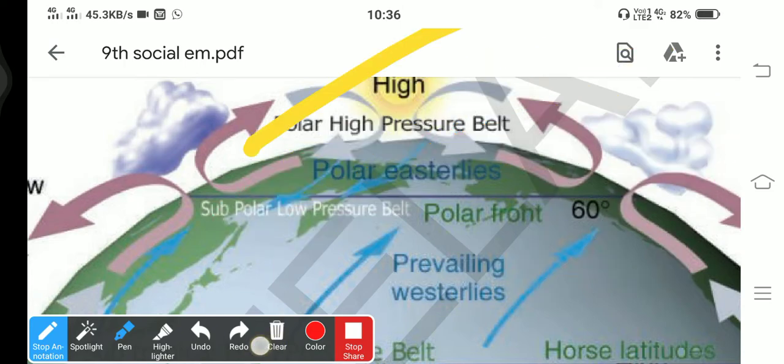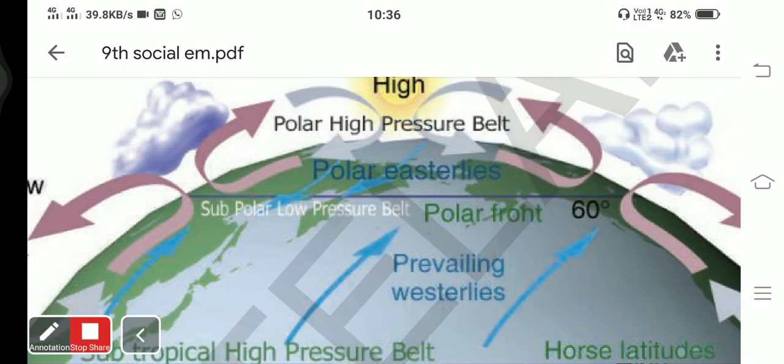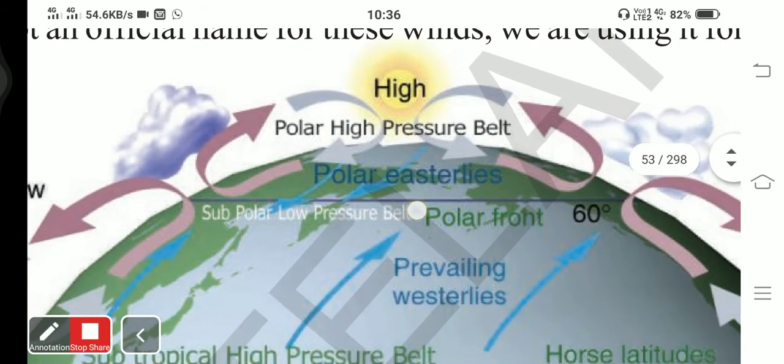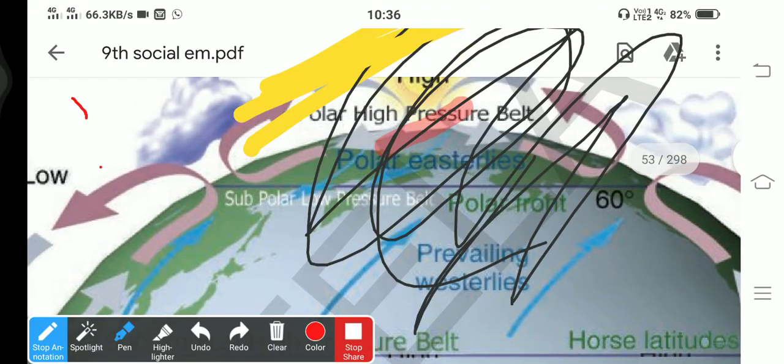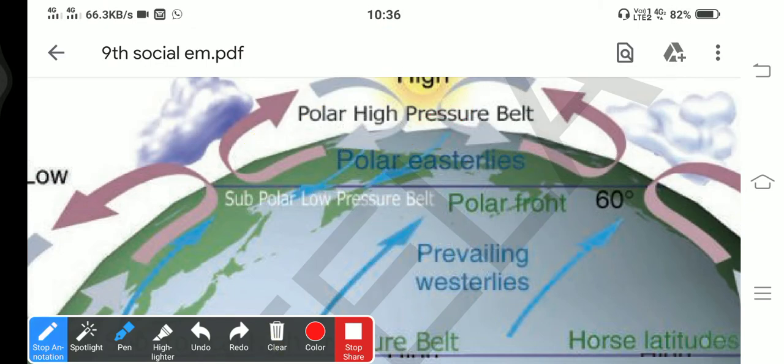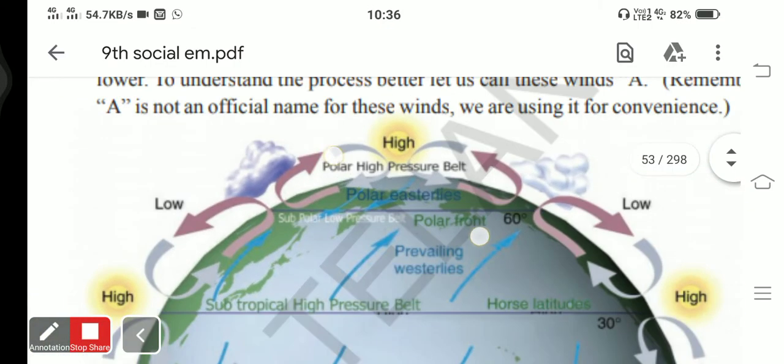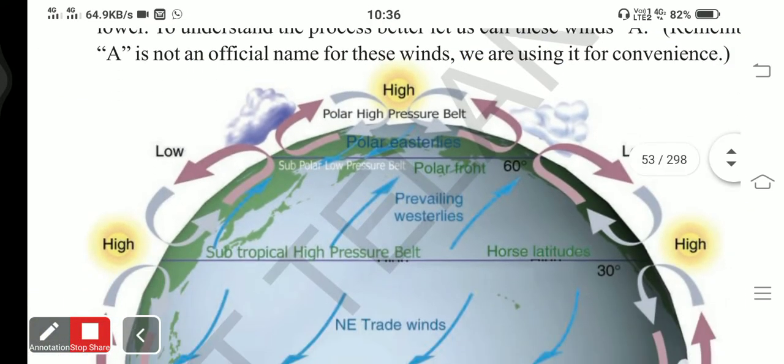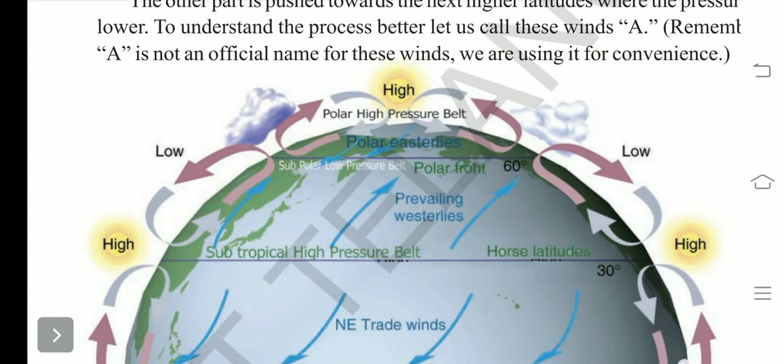In the direction of east, they are blowing. So we call it polar easterlies. So there are three types of winds in planetary winds.